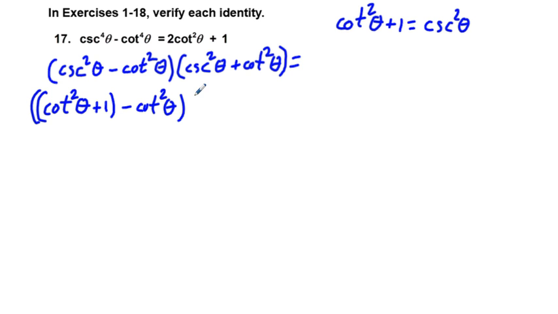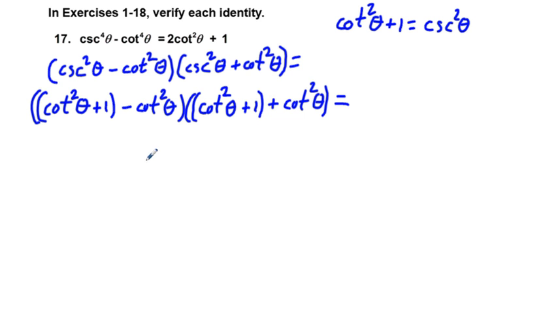And we're going to multiply this by, again, replacing this cosecant squared theta with cotangent squared theta plus 1, and then add cotangent squared theta, and equals that. So we have that all in terms of cotangent now.